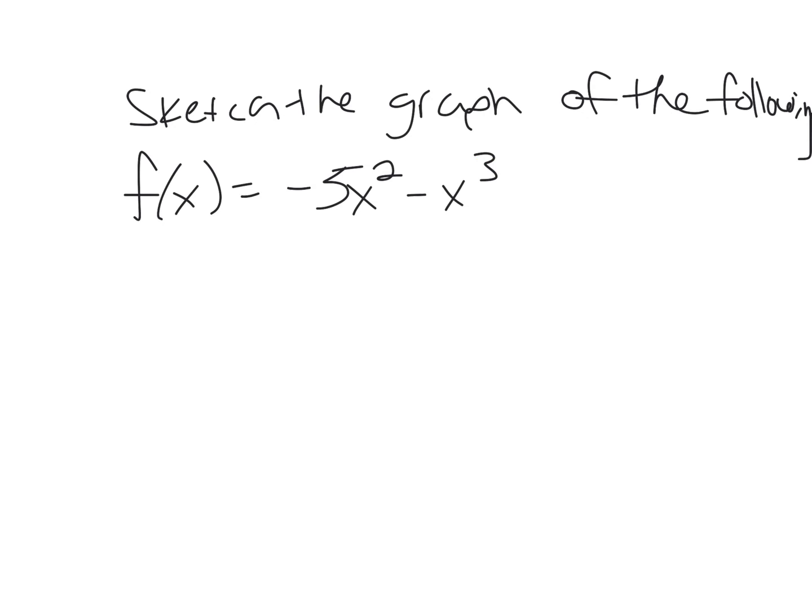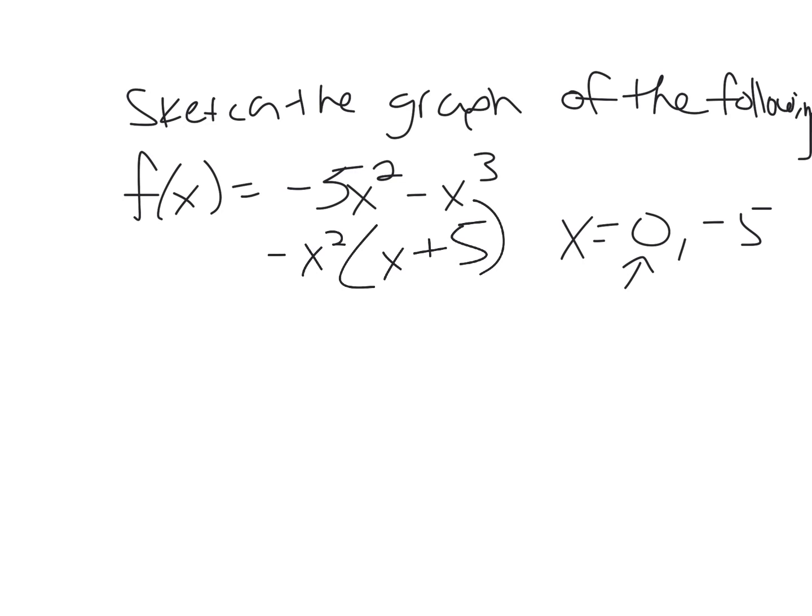Finding the zeros, I'm going to factor out negative x squared, and then we get x plus 5. That gives us zeros of x equal to 0 and negative 5, with a multiplicity of 2 for the 0.